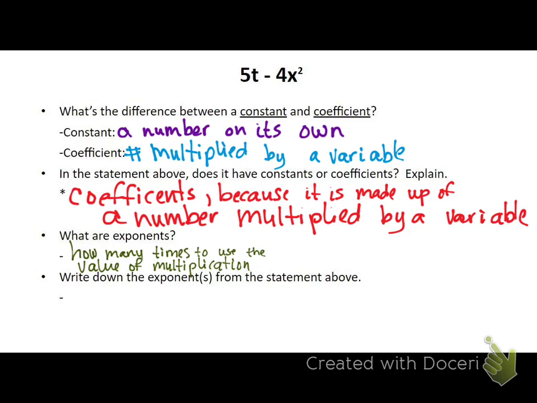I'm going to go ahead and write down x squared, and then I'm going to draw a little arrow to show that I'm talking about the exponent. Remember, the exponent is a tiny little number. What is that big number or letter in front of the exponent called?